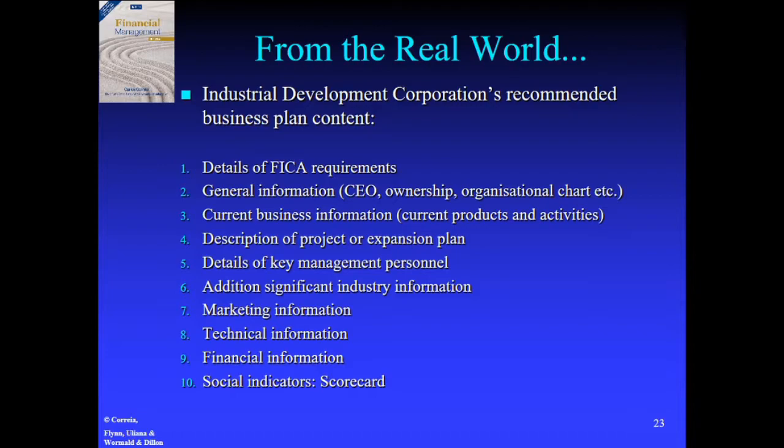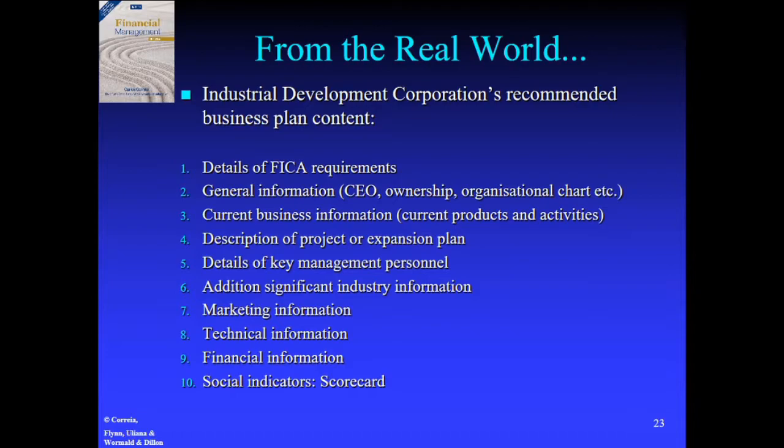General information will also be needed, such as the details of the CEO, directors, organizational chart, group structures, shareholders' agreements, and any other history that is deemed relevant. The current business information, so the current products or services that the company offers and its social responsibility.